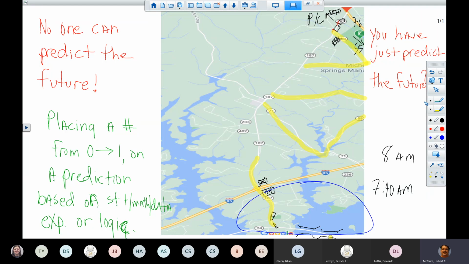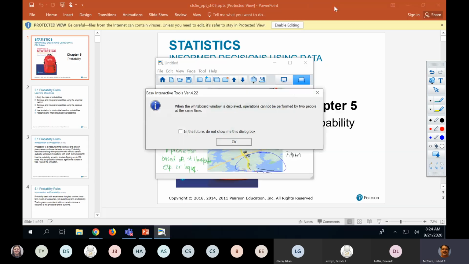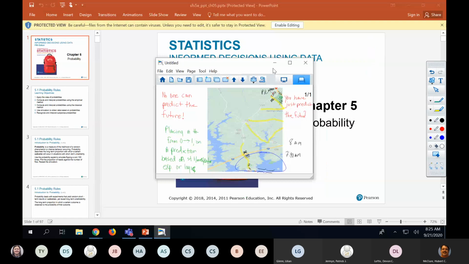And I can't get to it. Okay, 5.1. I just want to cover a few things that are on the slides. And let me close this out. There we go.